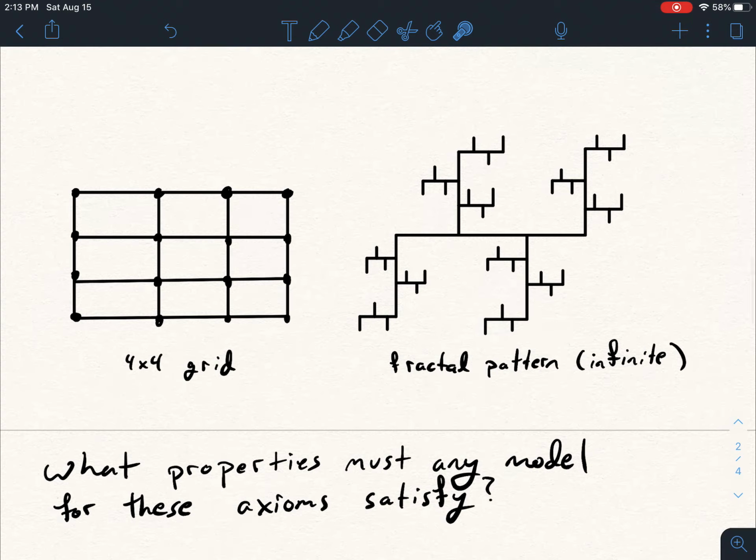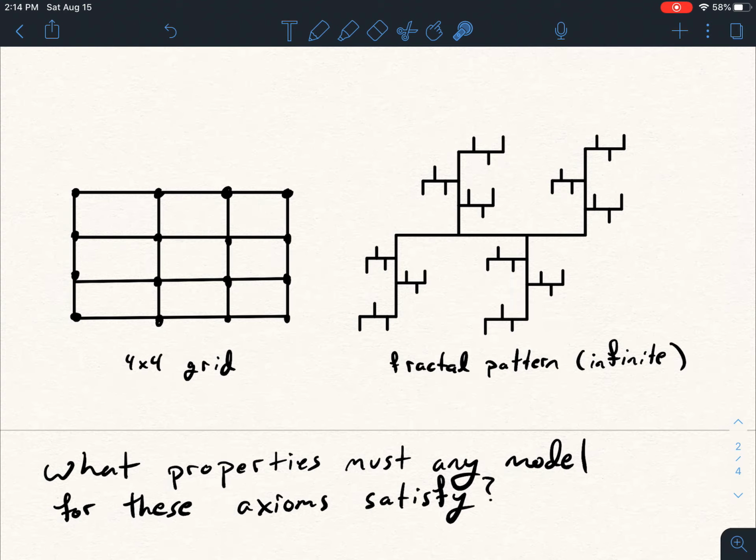So commonly you'll be handed some axiomatic system, and you'll want to know, all right, what properties must any model for these axioms satisfy? And so to find these properties, typically you would just start with a discovery approach and start creating models and figuring out what these models possibly look like, and then start noticing patterns in them.